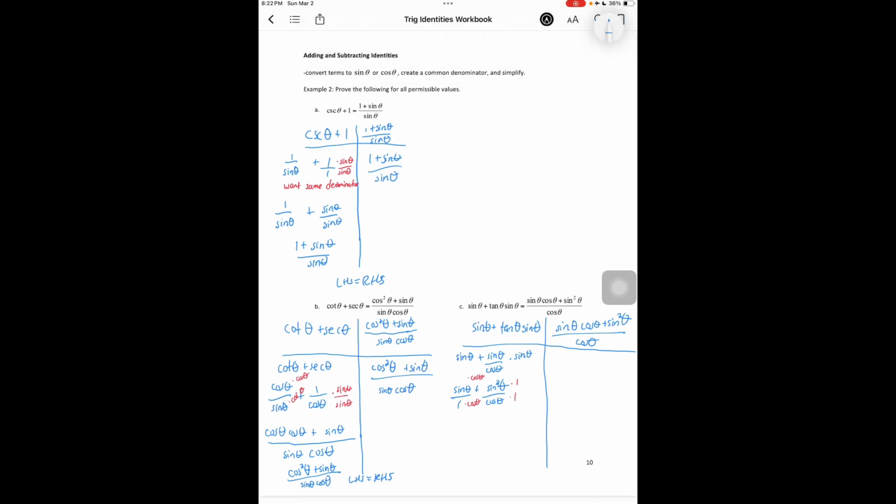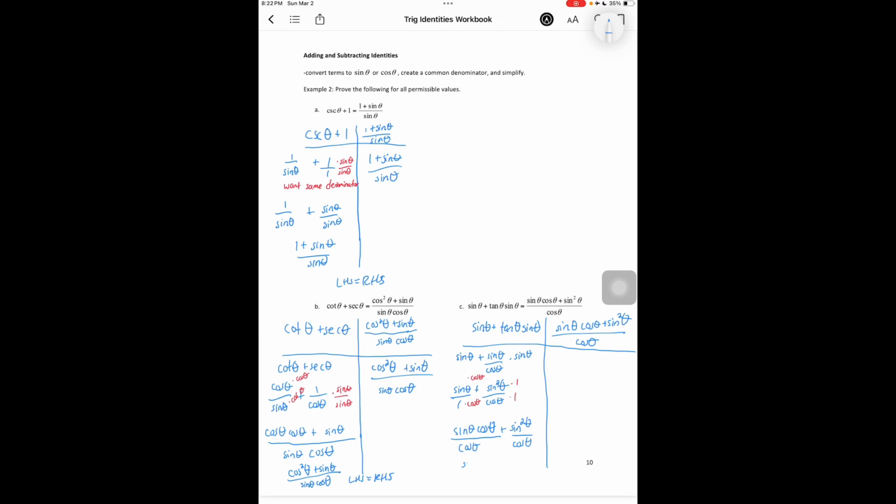So here, you don't have to write the red stuff. I just write it just to show you guys my next steps. But you could honestly just skip to what I'm about to write. So it's going to be sine theta cos theta plus sine squared theta all over cos theta cos theta.